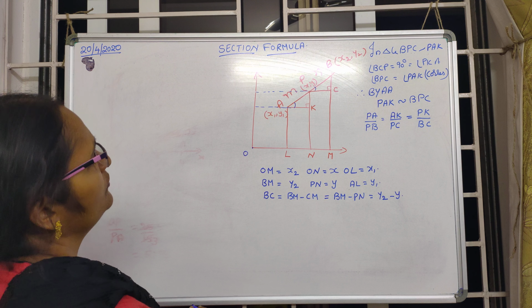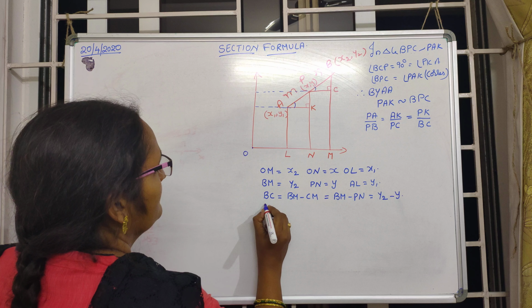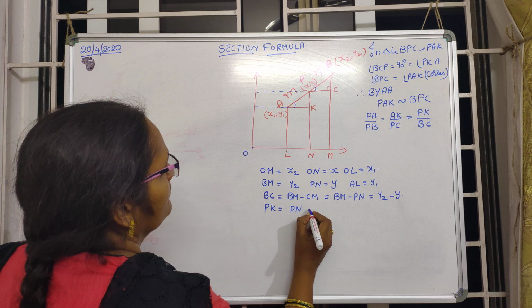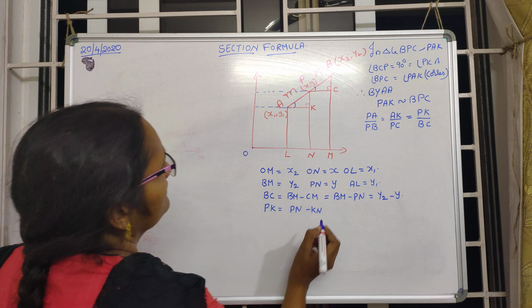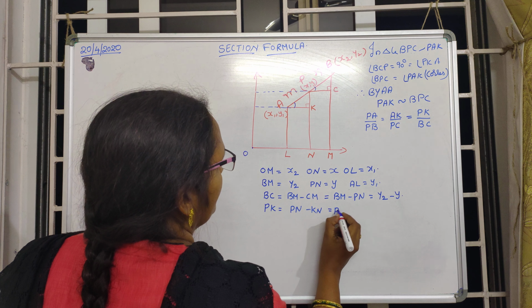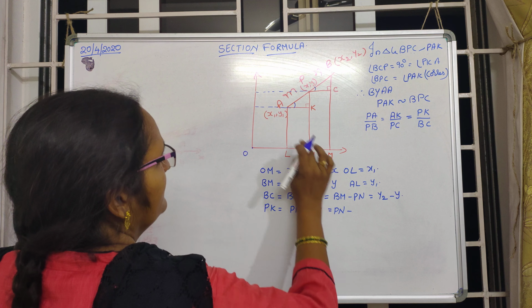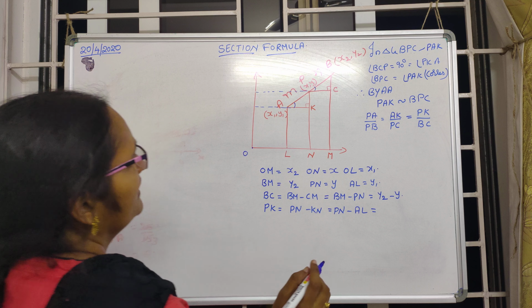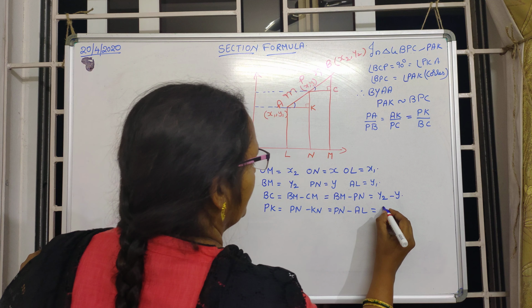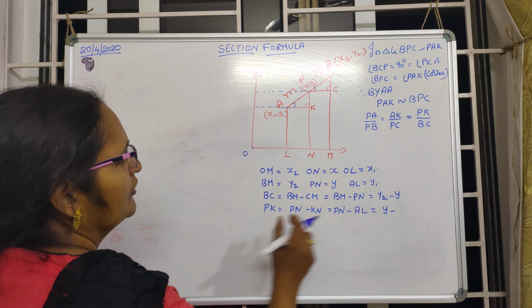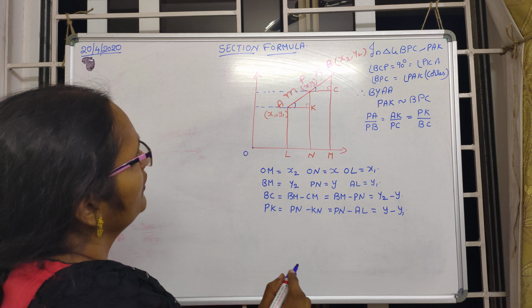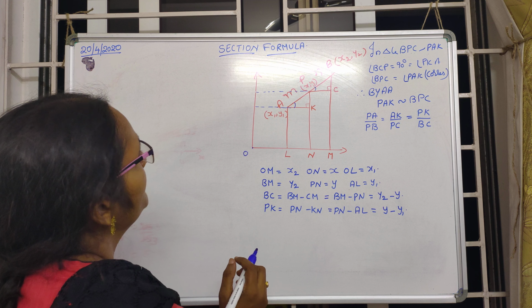Now if I want to find out PK, PK equal to what do I write? PN minus KN I can write. Now PN minus KN is nothing but AL. PN is y, minus AL is how much? y1. Is it clear?